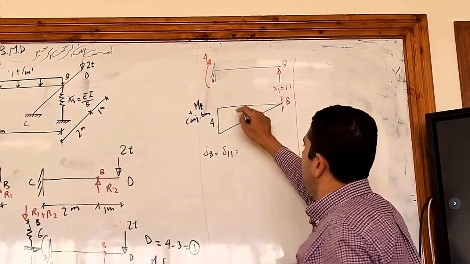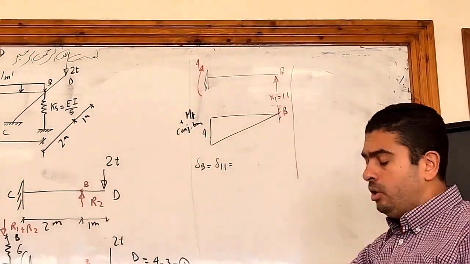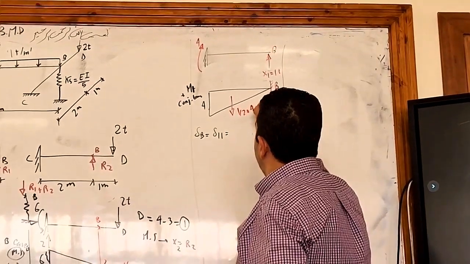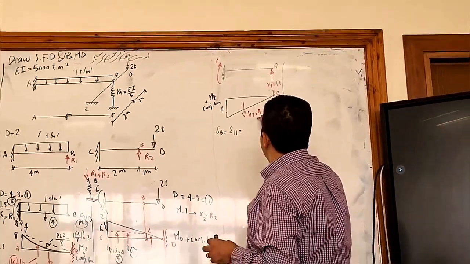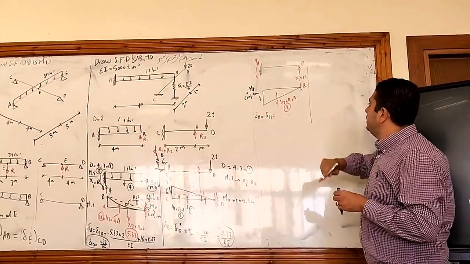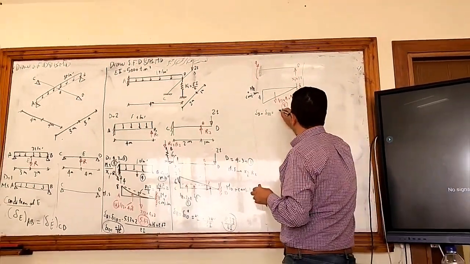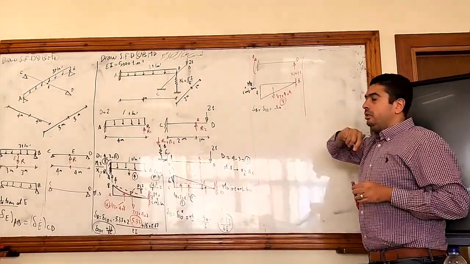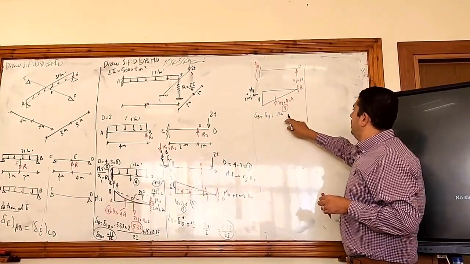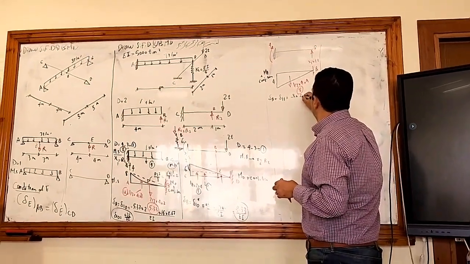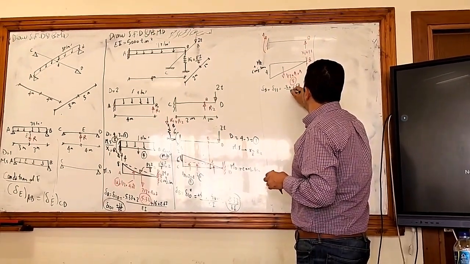The moment here, I only have one area, one force. It's a triangle, half base times height, half 4 times 4, which is 8. I need to calculate the moment here, delta B. It will be negative 8. The tail of the arrow is upside. 8 times 2/3 of the 4, which is 2.67, divided by EI.